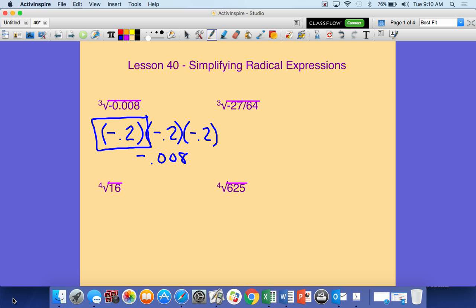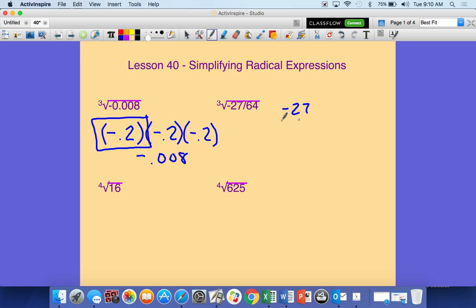Now say you don't have a calculator, or say you're not allowed to use a calculator on this problem. Say we come over to this one here, the cubed root of negative 27 over 64. One of the very first things you can do with this one is split up this cubed root sign.